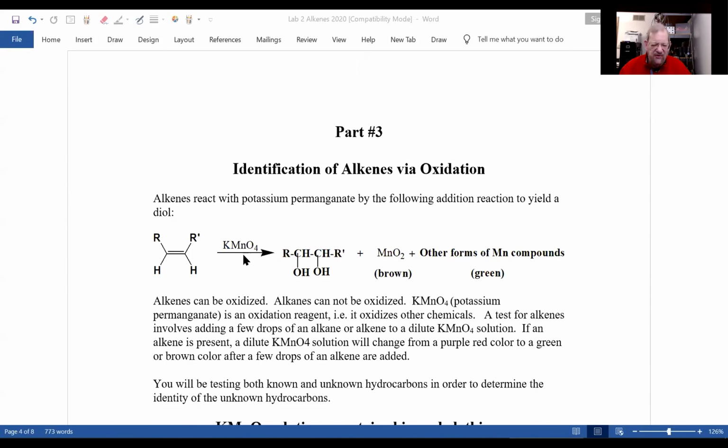Now, it turns out there's a series of reagents which we call oxidizers or oxidizing reagents or oxidants. And potassium permanganate, KMnO4, in solution does that.